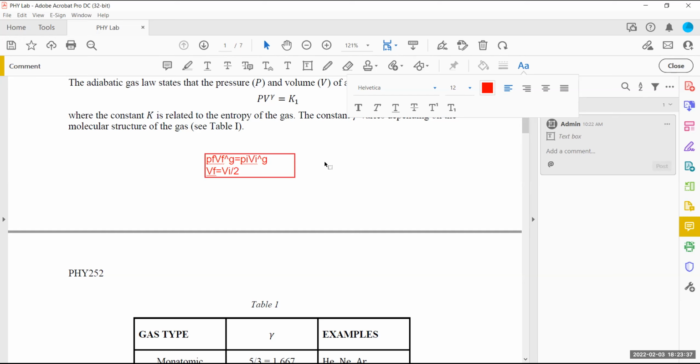So if I plug into this expression, it becomes an algebraic expression that basically reads the following. P final times V final. V final is V initial over 2 to the power gamma.